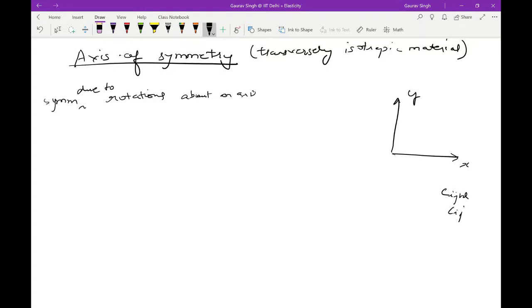Now if you rotate this system to this purple system, then you should have this purple CIJKL now, which is this transformed elasticity tensor. And the idea is that after this rotation of angle theta, this purple should be the same as the black one.